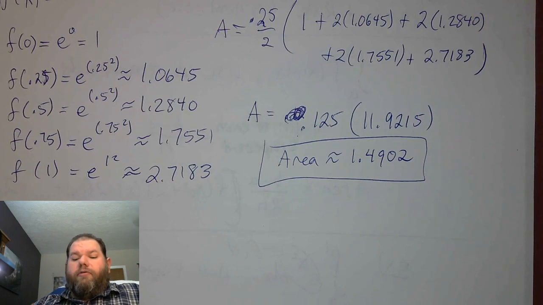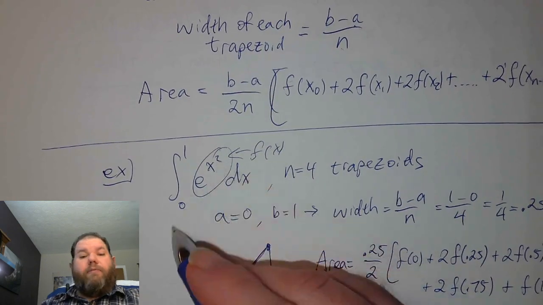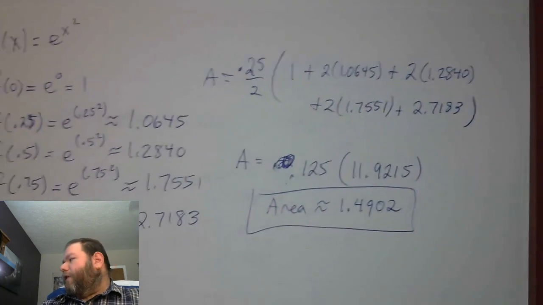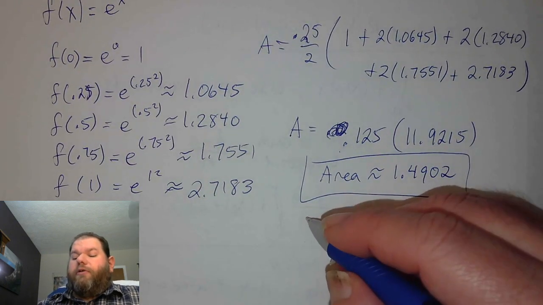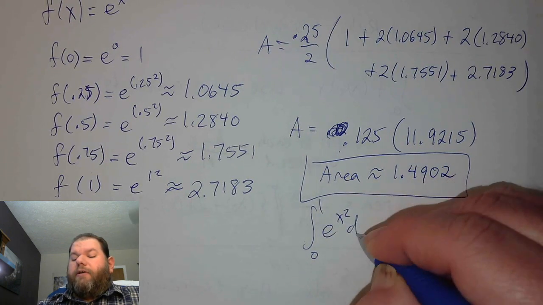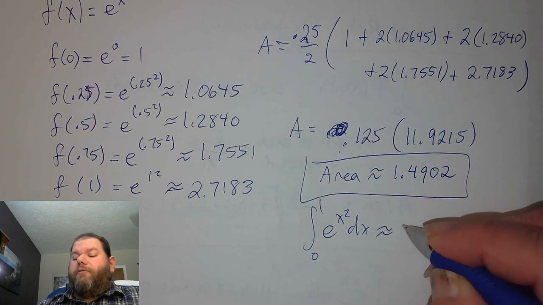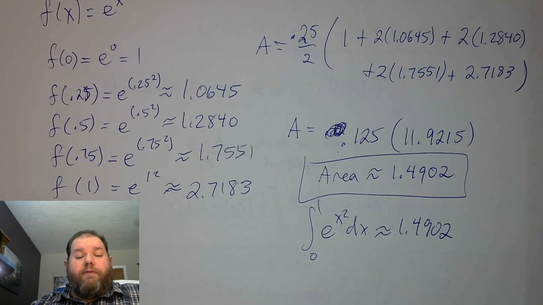So even though we couldn't actually integrate this problem, e to the x squared from 0 to 1, we could at least approximate the value of that integral. So we could also say the integral from 0 to 1 of e to the x squared dx is approximately equal to 1.4902. That's ultimately what we're trying to find, an approximate value for that integral.